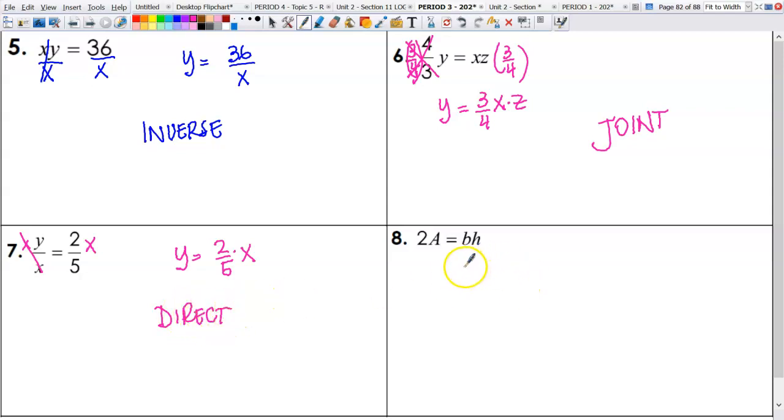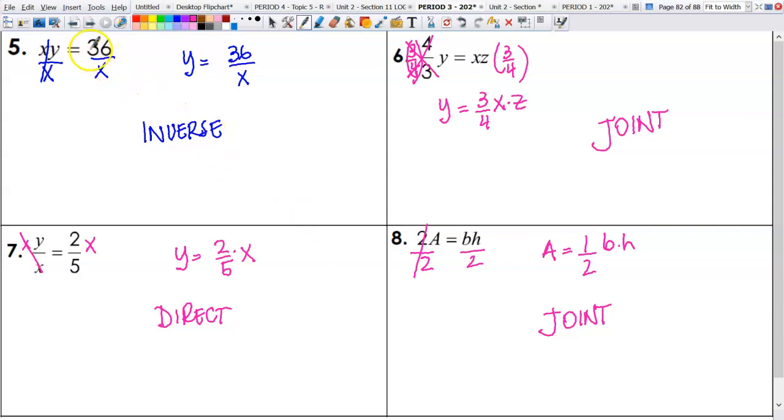And this one, not always will it be y, x, z, it will be different variables. You have three variables, and I divide by 2, so this will be A equals 1/2 b times h. This formula, I hope you remember from geometry, is the area of a triangle. We have three variables, so it should be joint, right? Always remember that you don't always have x, y, and z as the variables.